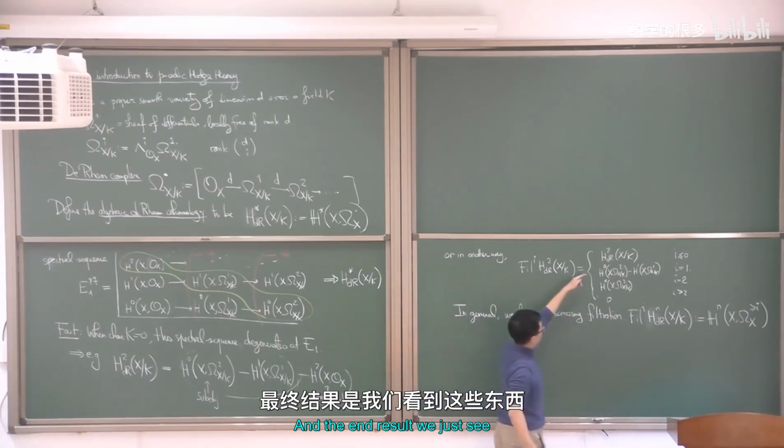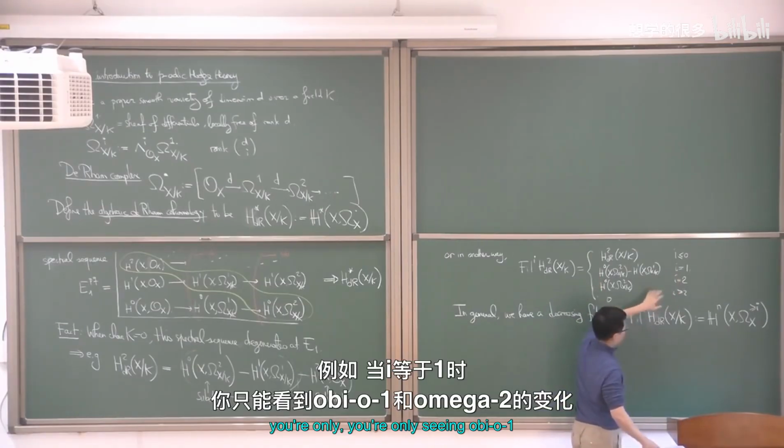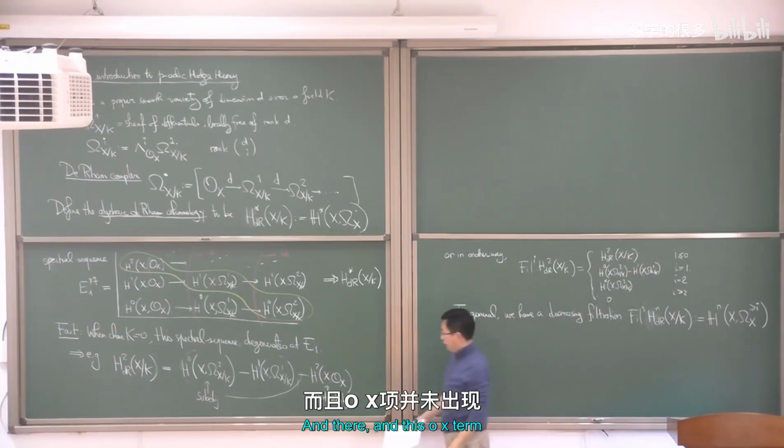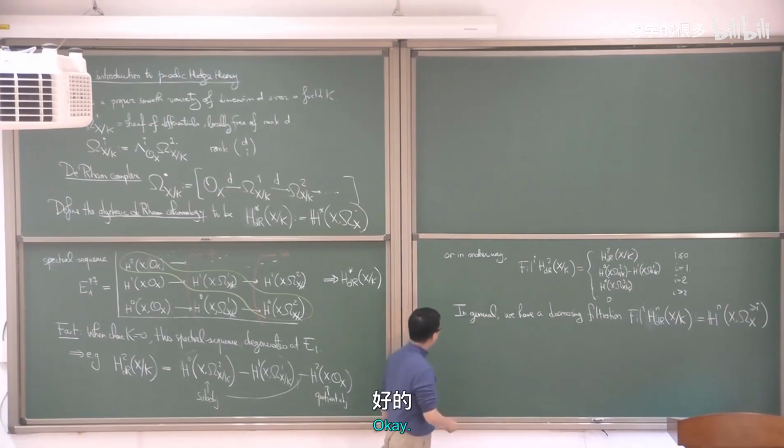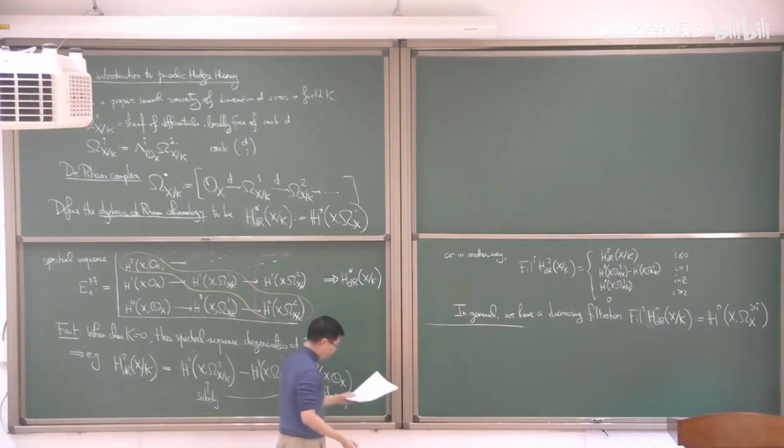And the end result is that you just see these things, in the sense that, for example, for i equals 1, you only see the omega 1 and omega 2 terms here, and this O_X term doesn't show up. Okay, so that's all I want to say about the de Rham cohomology.